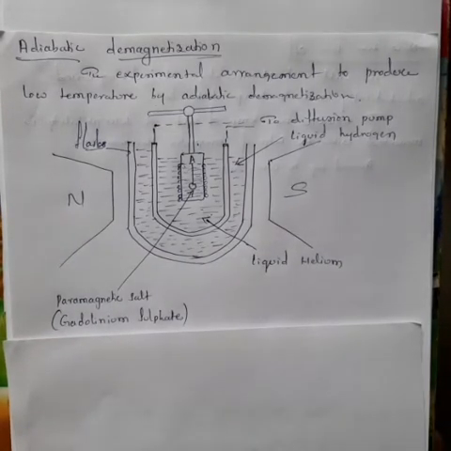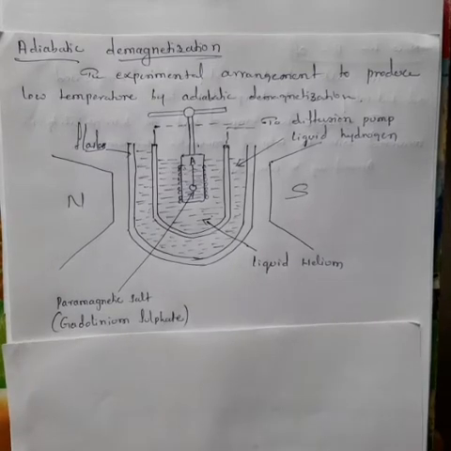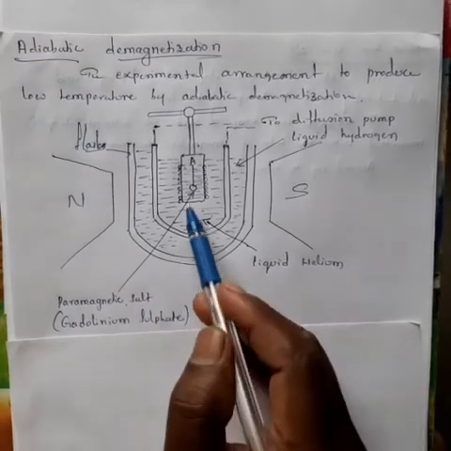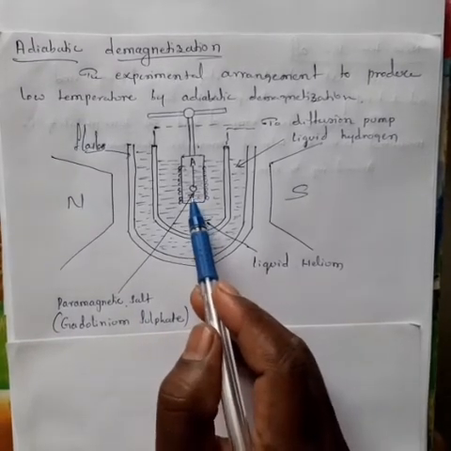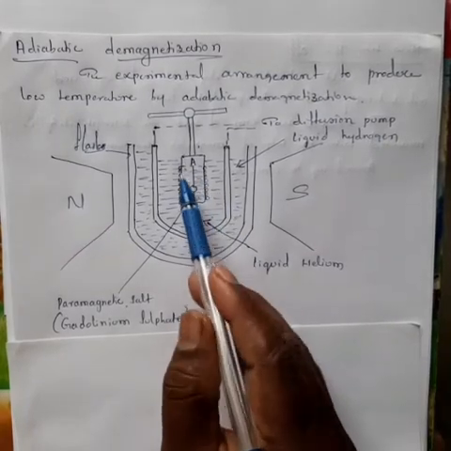Here we are using two flasks, and a paramagnetic salt is taken in this experimental arrangement, at the center of the arrangement, which we can call a vessel.